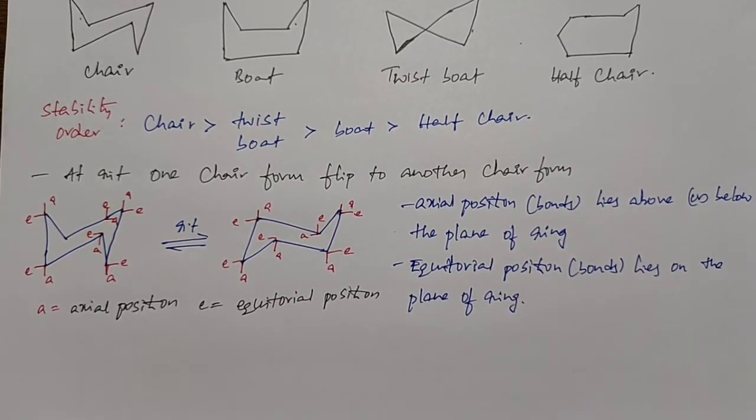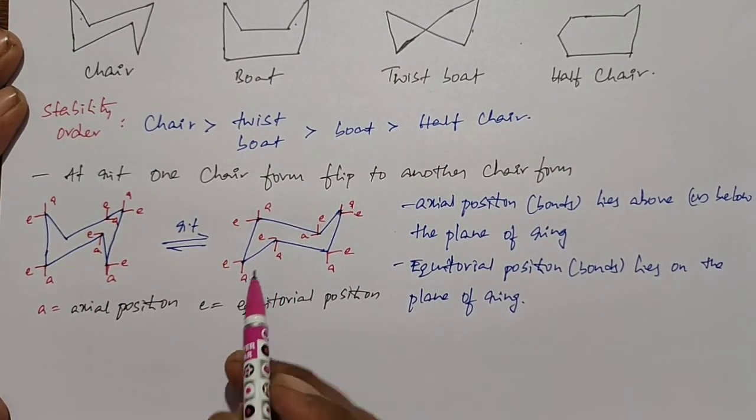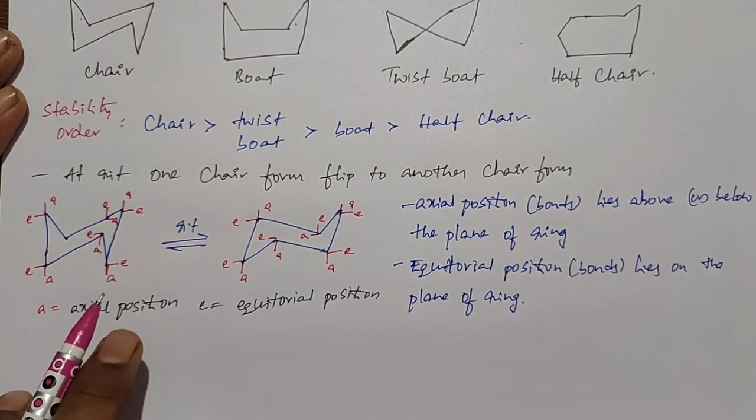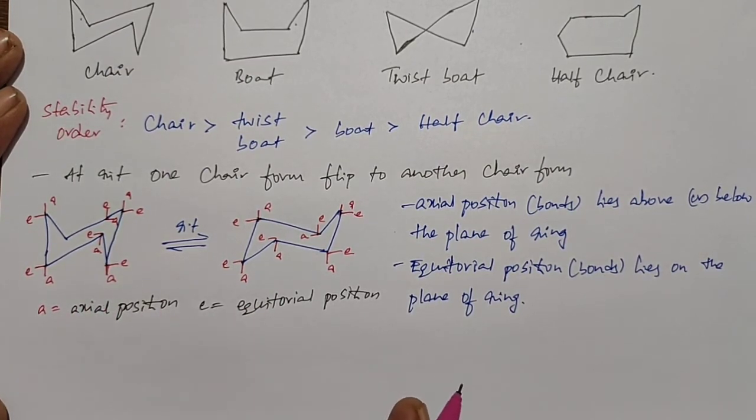On the conversion of one form to another form, the axial bonds are converted into equatorial bonds and the equatorial bonds are converted into axial bonds.